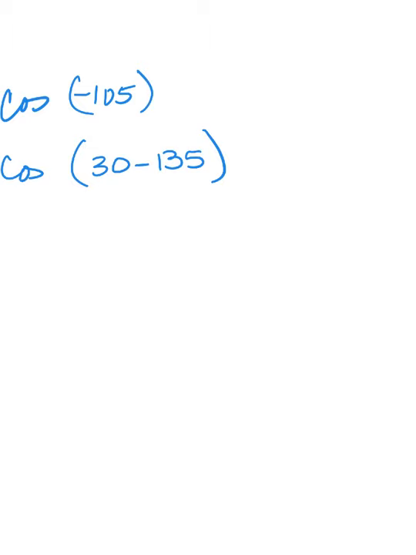So I can use the cosine formula of the difference. So it's cosine of alpha minus beta: cosine of the first guy, cosine of the second guy, and you always put them as positive, plus sine of the first guy, sine of the second guy.